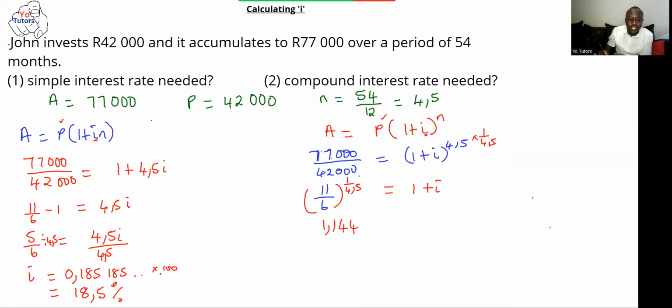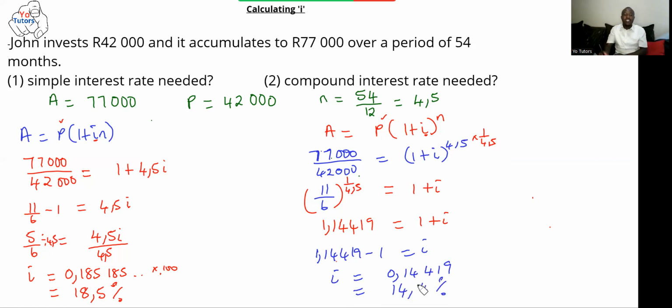Now what do we do? We subtract 1 from both sides. 1,14419 minus 1 is going to give us I. So I is equal to 0,14419, which is equal to 14,4%.